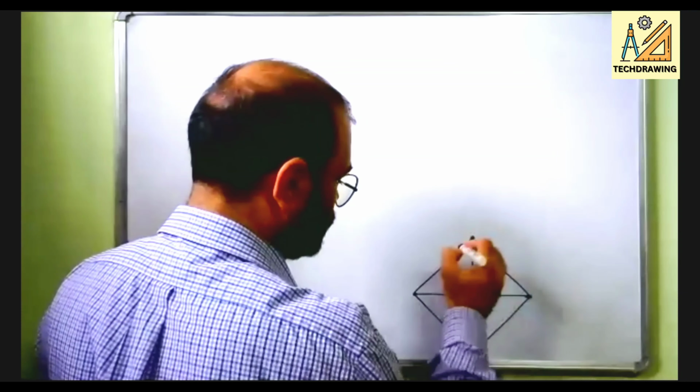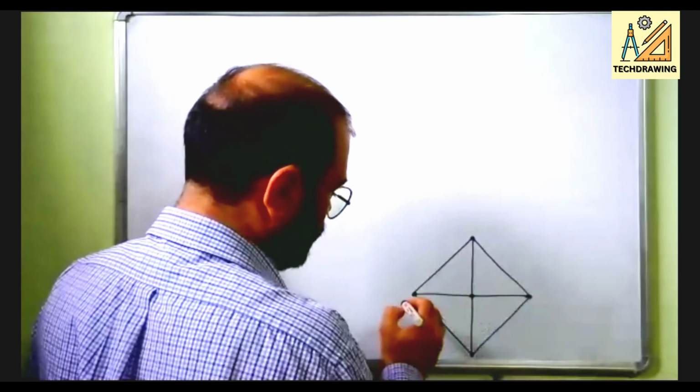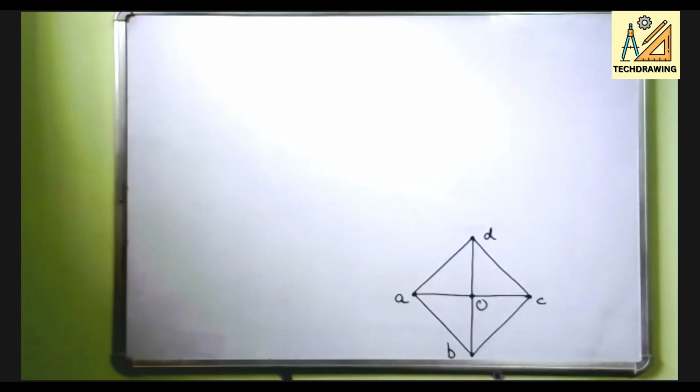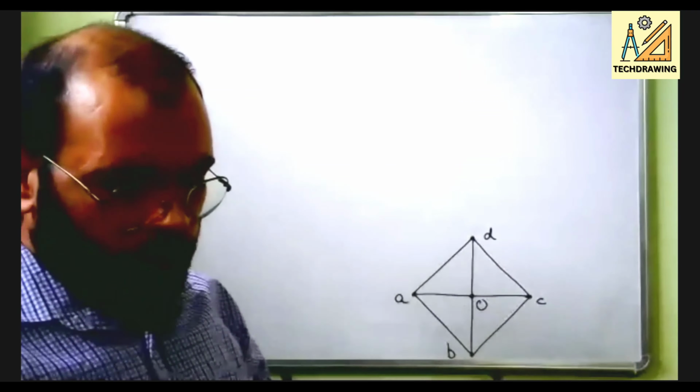This is the top view. Let this be A, B, C, D, and let the apex be O. If you see this object from the top, it will be placed like this, and this thing will be visible to you. So this is the top view.